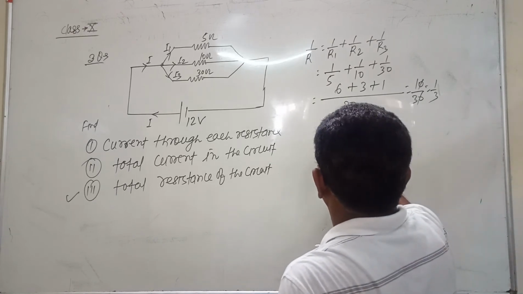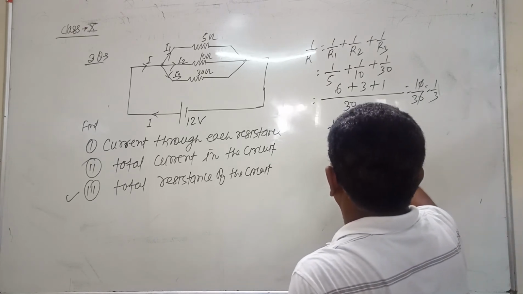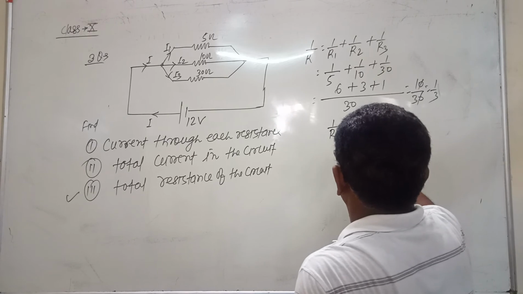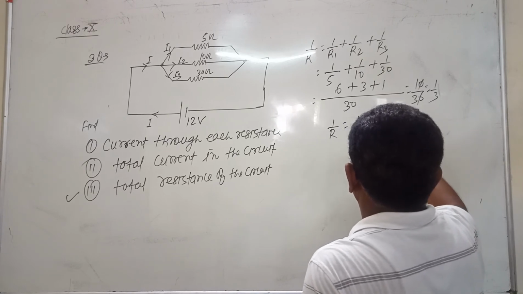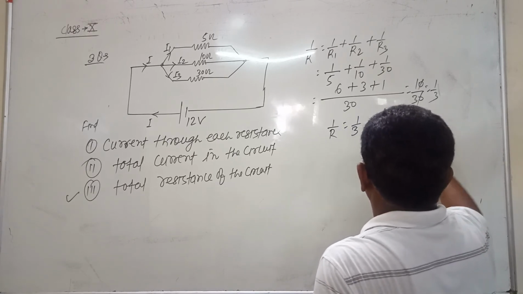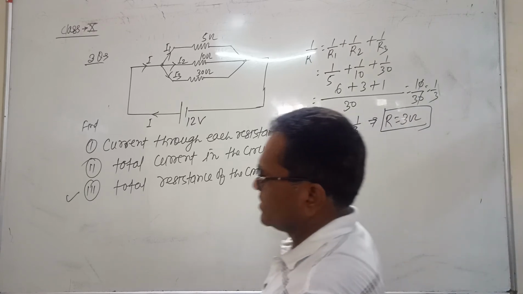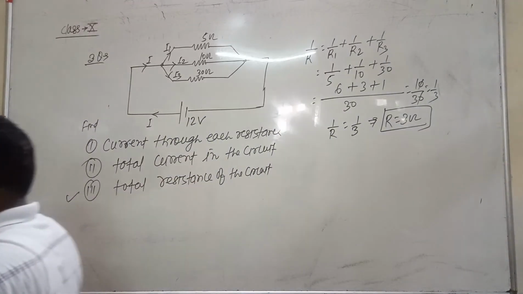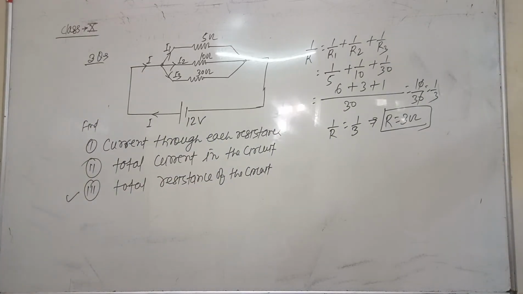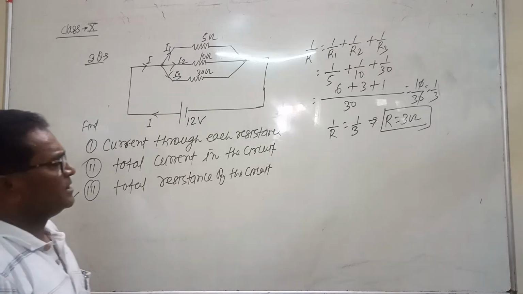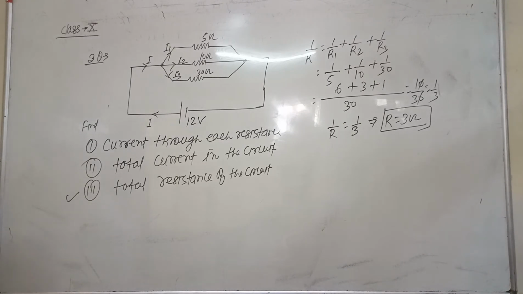So 1 by R equals 1 by 3, then R equals 3. So this is the total resistance of the circuit. R equals 3 ohm. Now the equivalent resistance R equals 3 ohm.